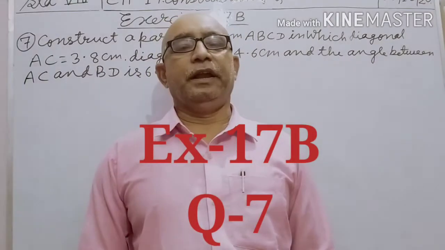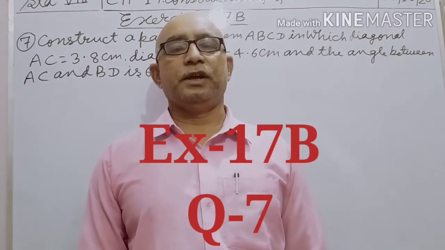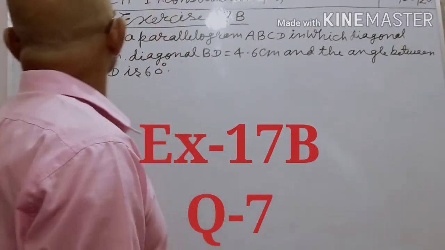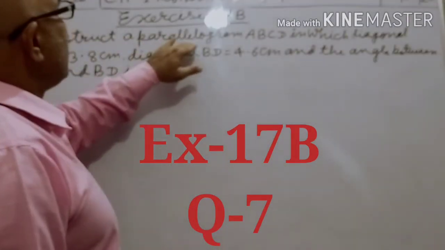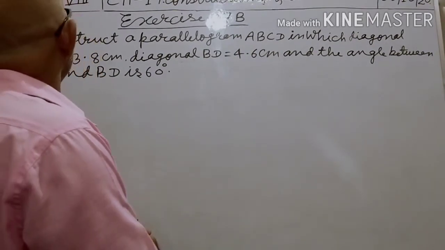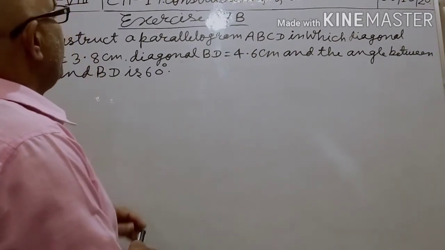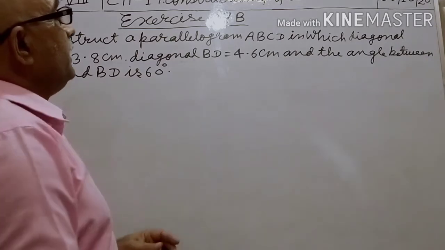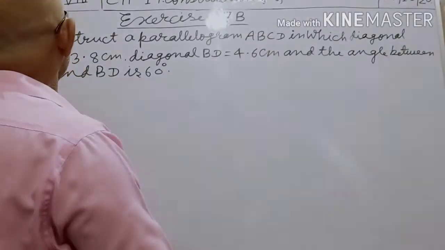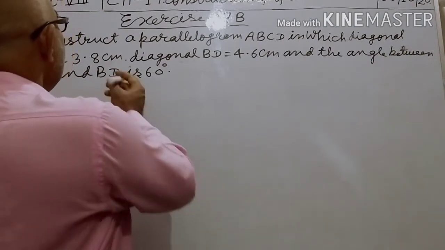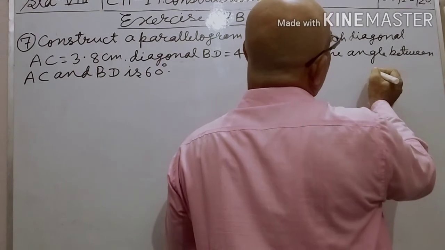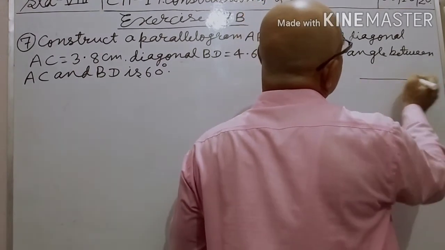Students, next question is question number 7 of exercise 17B. In this question, construct a parallelogram ABCD in which diagonal AC equal to 3.8 cm, diagonal BD equal to 4.6 cm, and the angle between AC and BD is 60 degree. So draw a rough sketch.